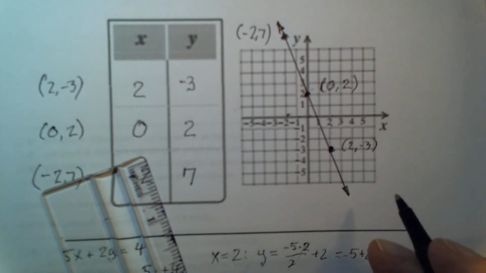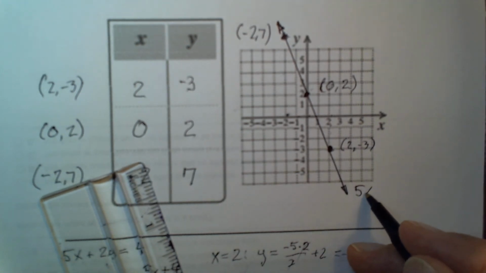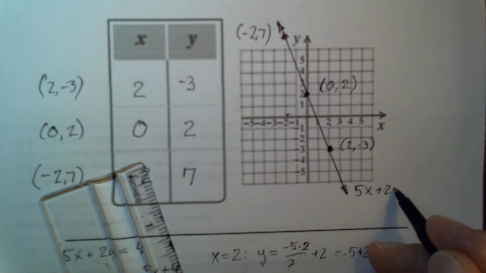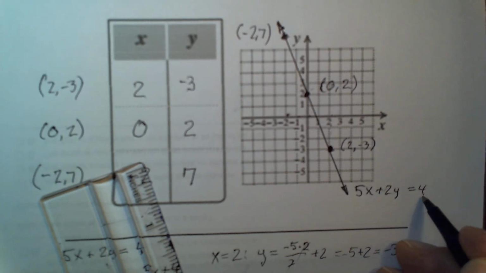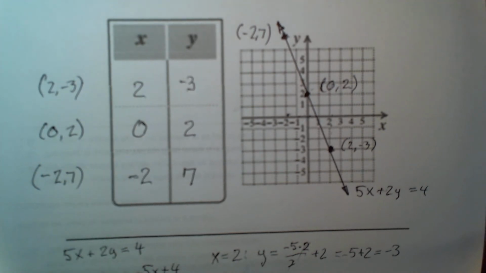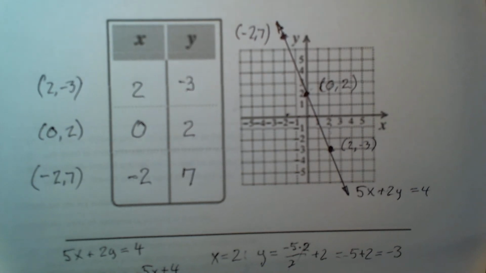This is a graph of the equation 5x plus 2y equals 4. I sincerely hope you are able to follow this example and that you can do this on your own as well.